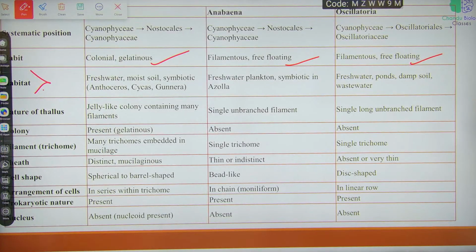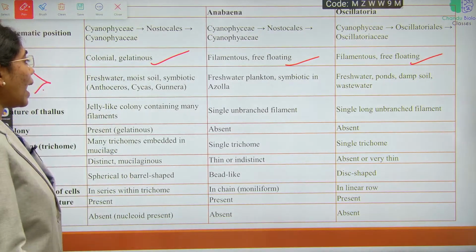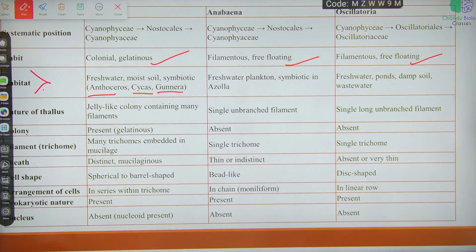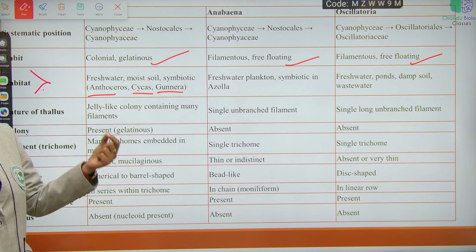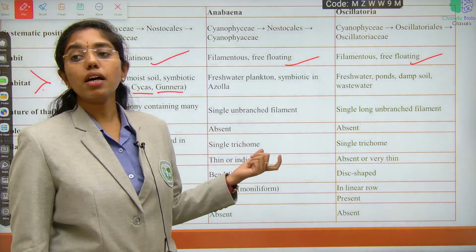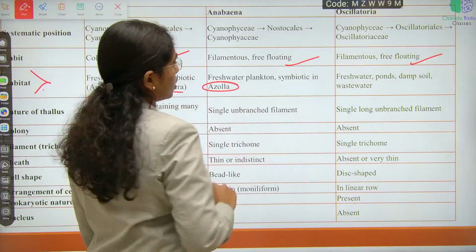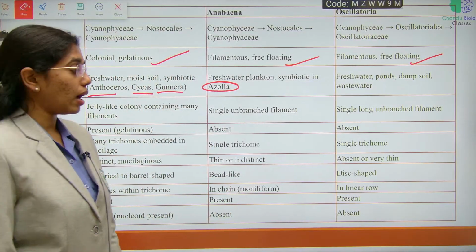Nostoc is in fresh water, mostly soil, and exists in symbiotic association with Anthoceros, Cycas and Gunnera for the purpose of nitrogen fixation. Anabaena is usually a fresh water plankton and it is also a symbiont. It will have a symbiotic association with Azolla.